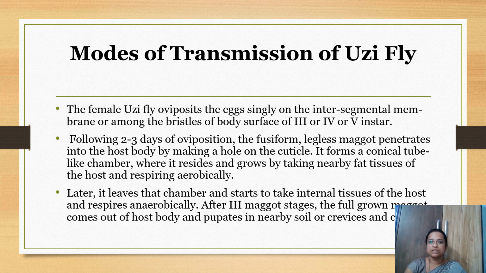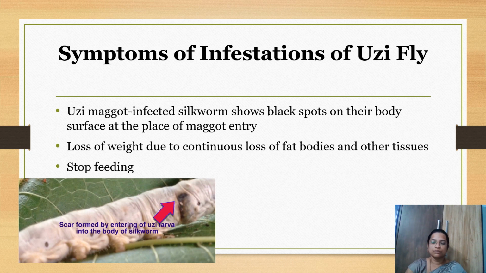It forms a conical tube-like chamber wherein it resides, and it grows by taking nearby fat tissues of the host and respiring aerobically. Later it leaves the chamber and starts to take internal tissues of the host and respire anaerobically. After the 3rd maggot stage, the fully grown maggot comes out of the host body and pupates in the nearby soil or crevices or cracks.